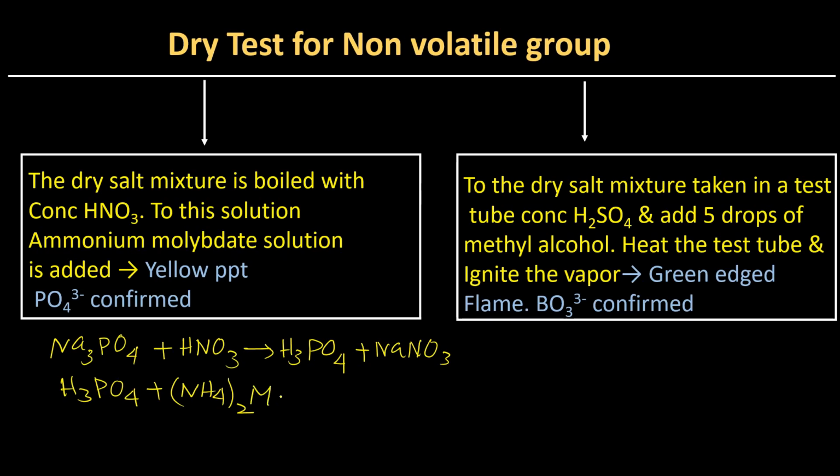Plus the nitric acid is already there in the solution. Then it will form ammonium phosphomolybdate, an insoluble heteropolyacid complex, and it will give the canary yellow precipitate.